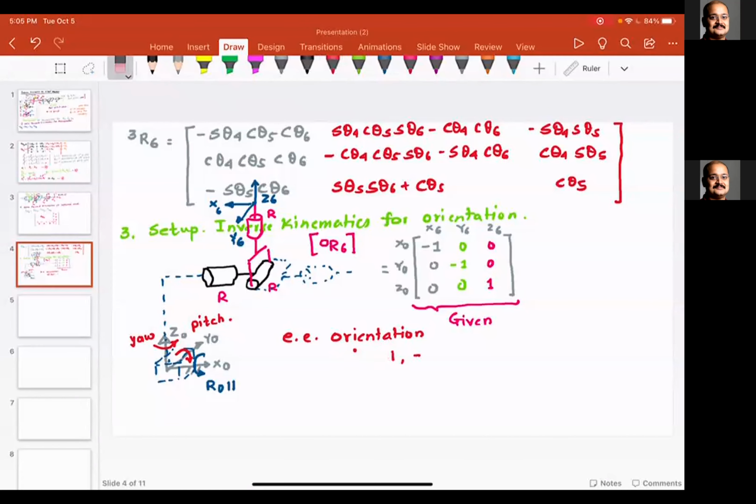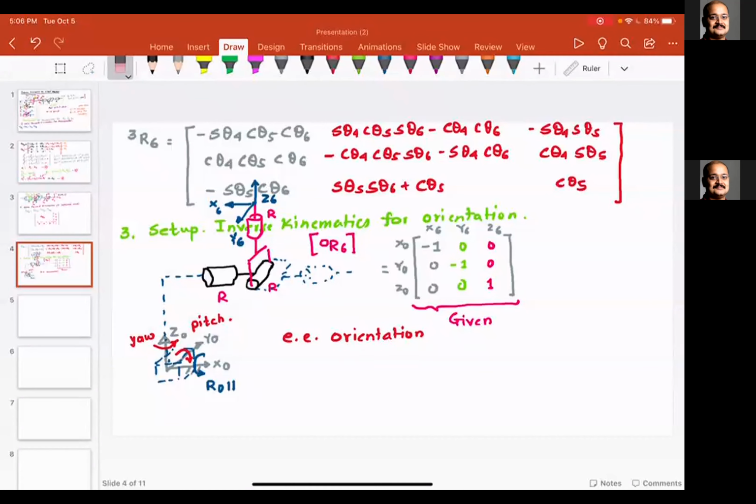Just a second, I need to convert this direction cosine matrix into the appropriate roll, pitch, and yaw angles. Give me a second, I'm going to pull up MATLAB, and then I will find the appropriate roll, pitch, and yaw. But this is the direction cosine orientation.